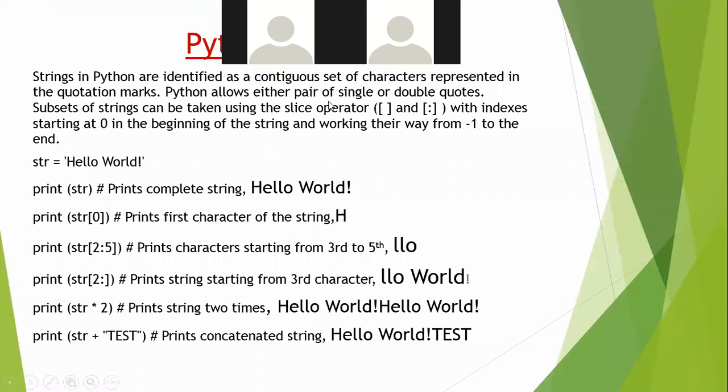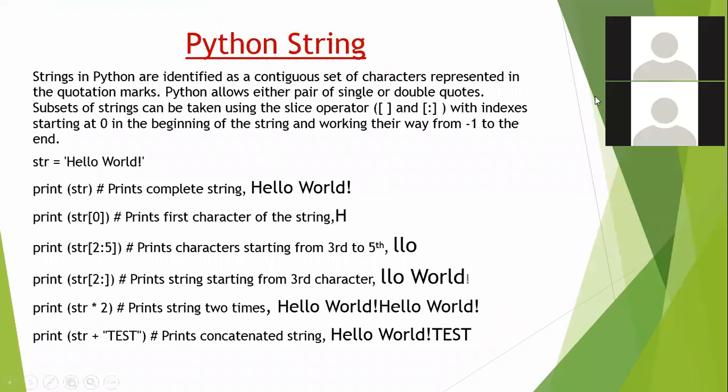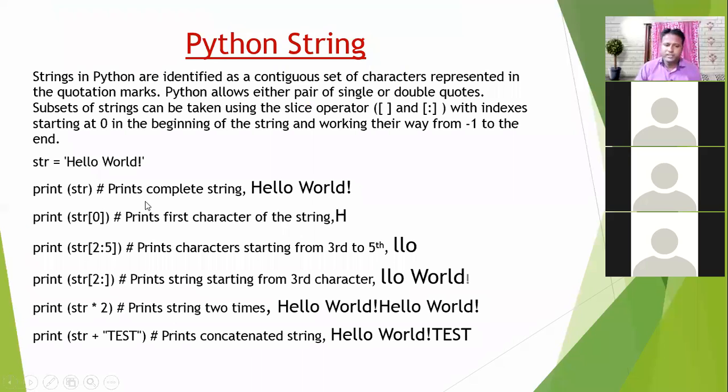Then now comes the main program. It is a very important program, like Python string. It has huge implementation. The string in Python is identified as a contiguous set of characters where you can store continuous values.